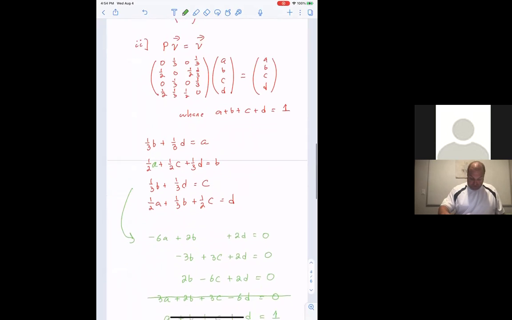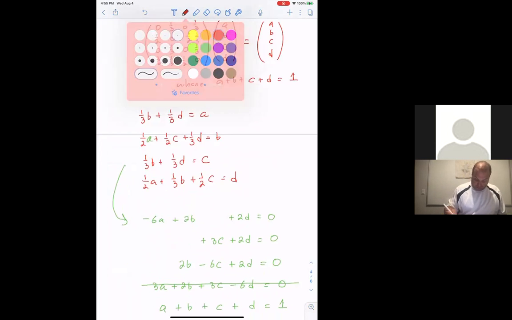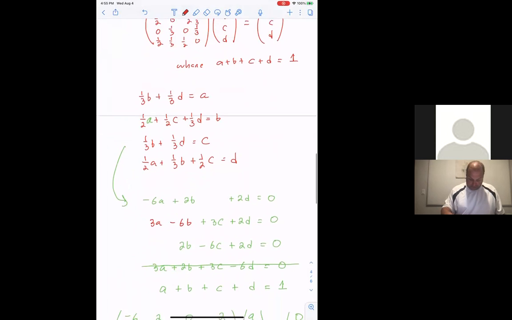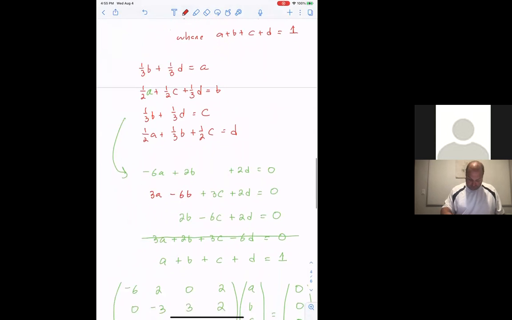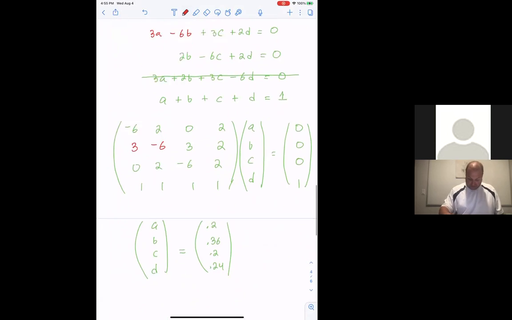Okay, and so the change would be here in this row right here. Instead of that, it should be 3A minus 6B. And everything else looks good, which means these two should be 3 and -6.